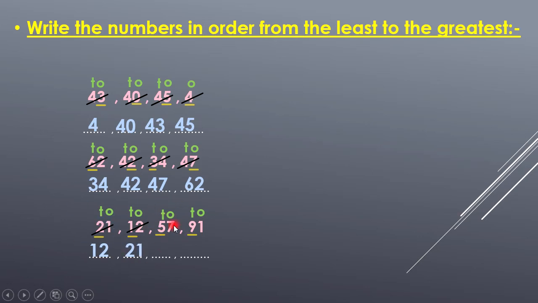Now I have 57 and 91. Here is 5 in the tens digit and here 9. So the smallest number is 57. So I cross 57 and put 57 here. And the biggest number is 91. So I cross 91 and put 91 here.